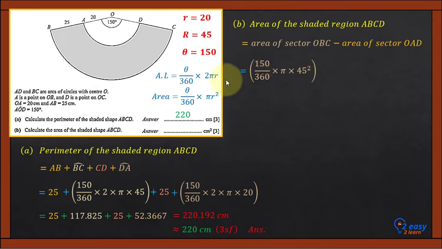Write down the formula, area of sector formula, theta over 360 pi r squared, and the radius is 45 because it's a big sector. So 150 over 360 times pi times 45 squared. We have to put the value of pi in this question as well. So area of small sector, 150 divided by 360 times 3.142, the value of pi, times 20 squared. 20 is the radius of the small sector.